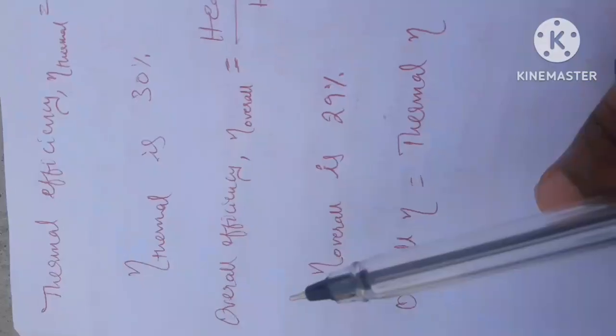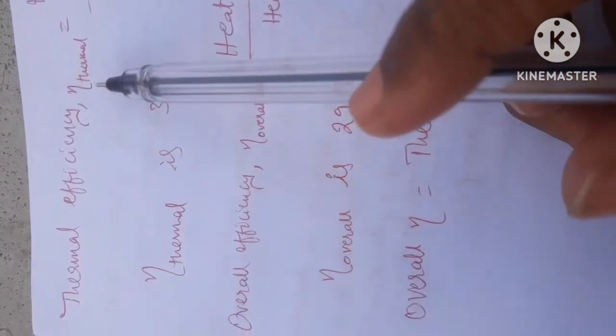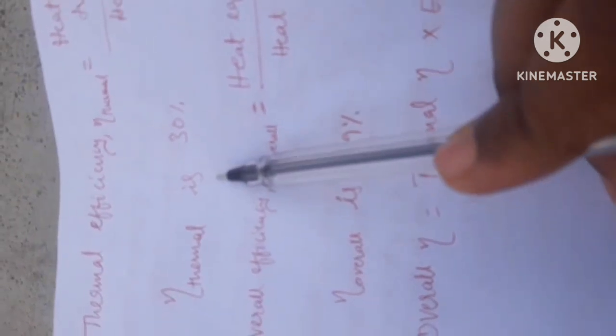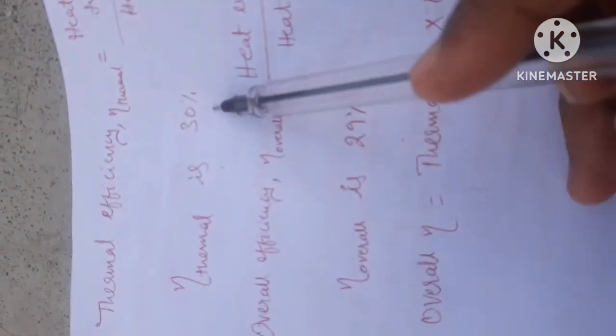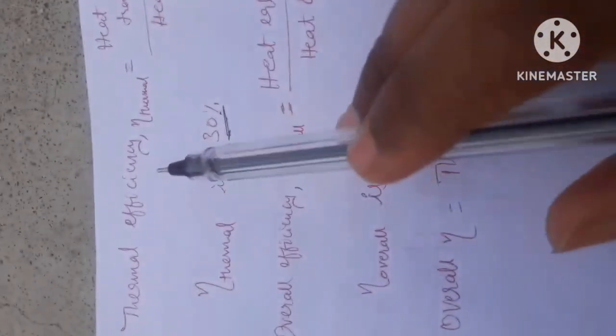After the choice of site, we have the thermal efficiency. The thermal efficiency of a steam power plant is 30%. This is also important.